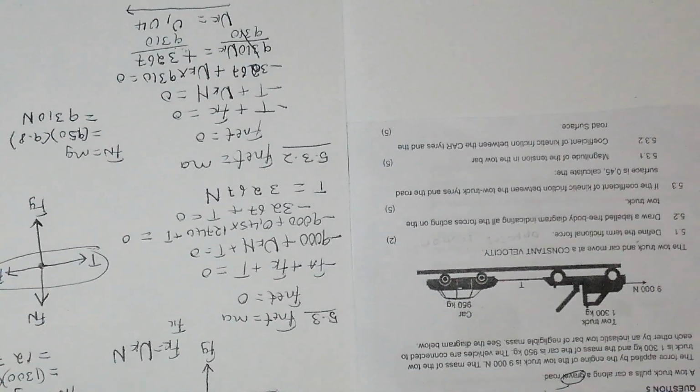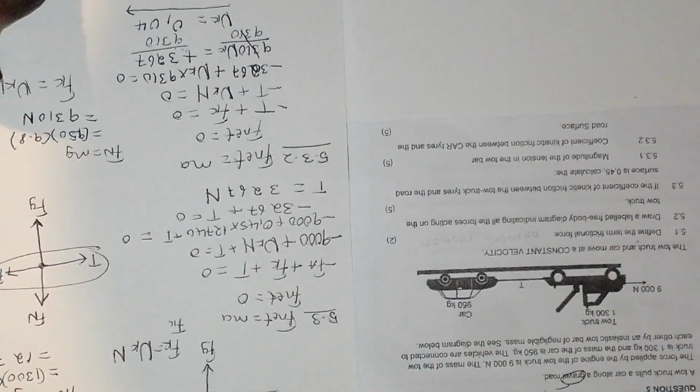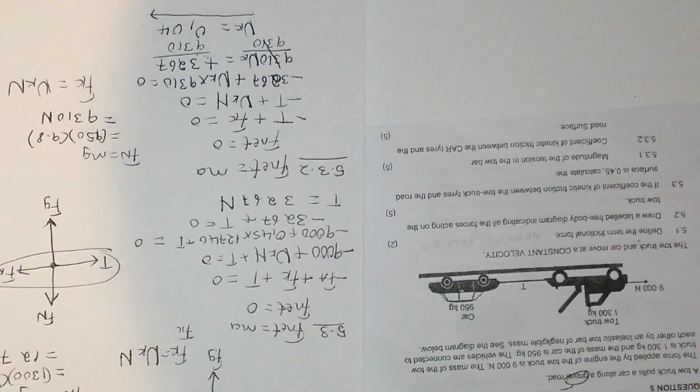So mu k or mu s do not have SI units. Why? Because when the examiner asks you why mu k or mu s does not have an SI unit, it is because it is the ratio of two forces. For example, we have Fk equals mu k N, this is the formula, right? Then let us make mu k the subject of the formula.